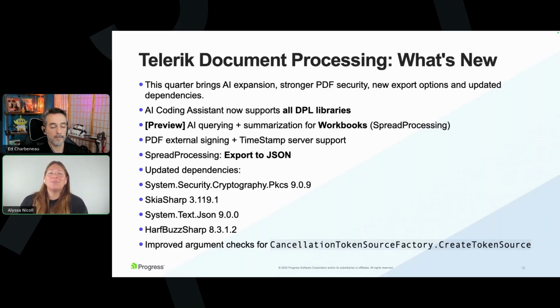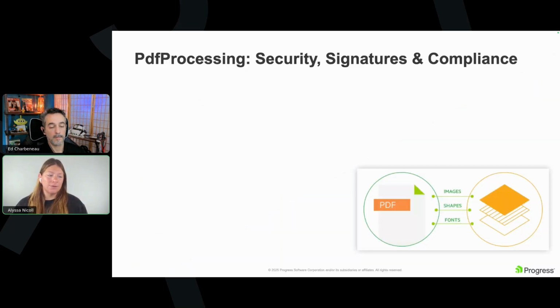So this quarter, we expanded the AI coding assistant to cover all document processing libraries. Spread processing now has preview support for AI querying and summarizing workbooks. PDF processing added external signing and timestamp server support, and spread processing can now export to JSON. We've also updated core dependencies across the board and improved some common APIs.